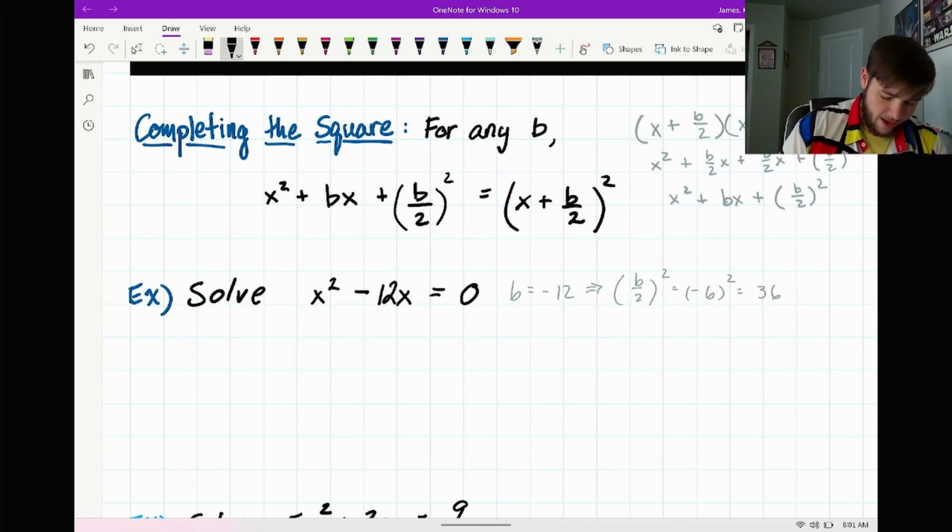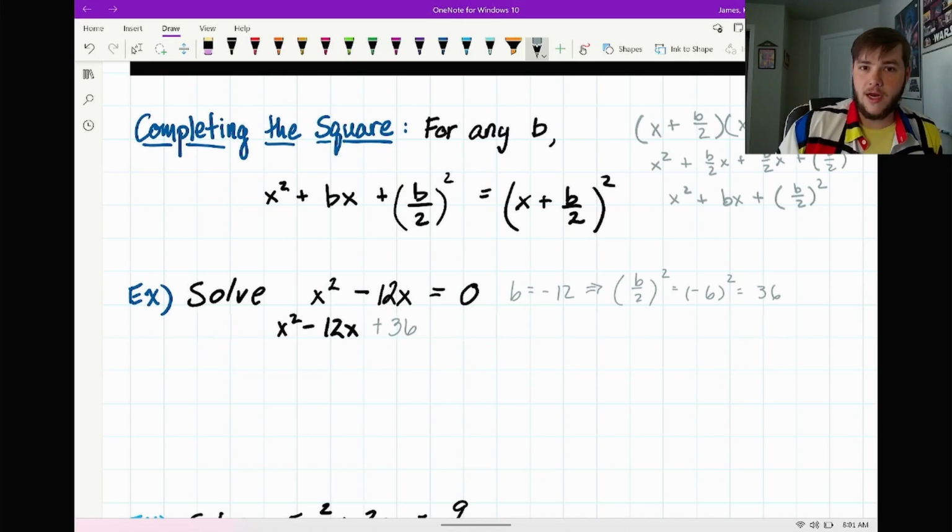So hypothetically speaking, if I had x squared minus 12x plus 36, then I would know what to do with the left-hand side, right? I know I would get x plus b over 2, or minus 6, squared. And that's a much simpler problem to solve.